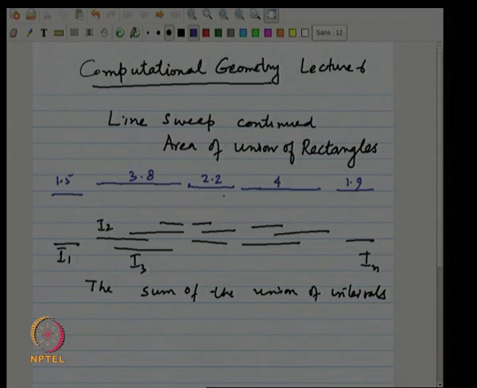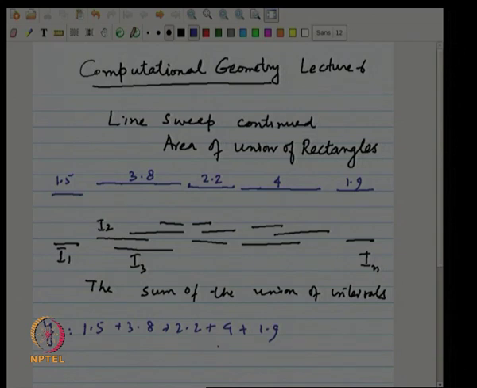Fine. So, once we know this, and this is essentially our y, this 1.5 plus 3.8 plus 2.2 plus 4 plus 1.9 is what y is equal to. Okay.